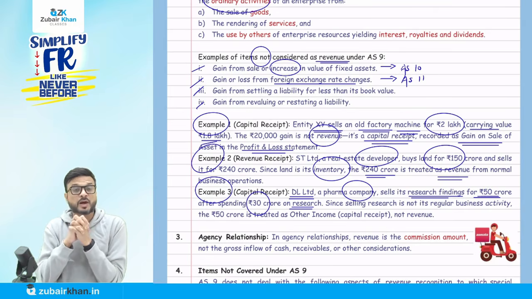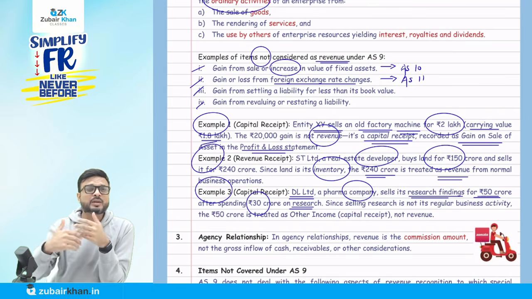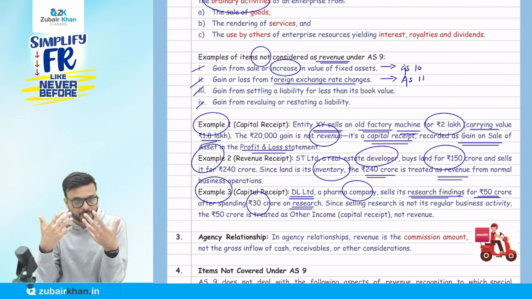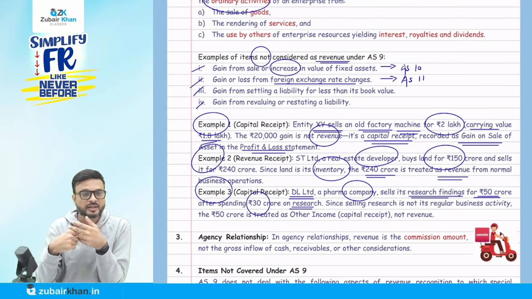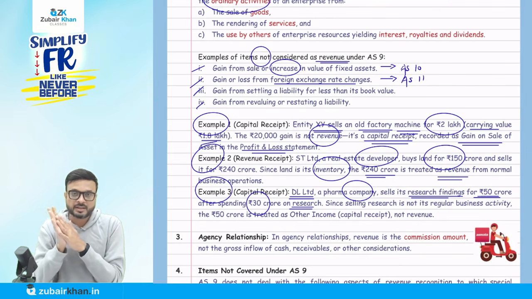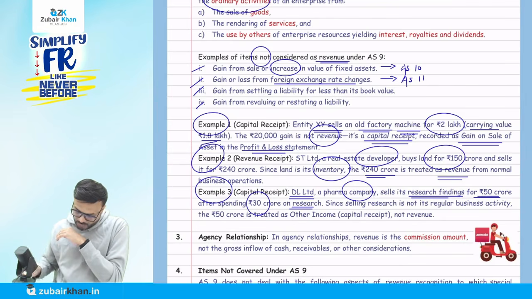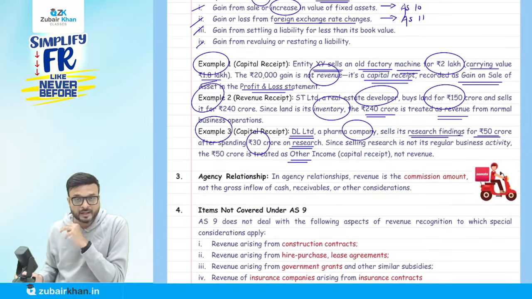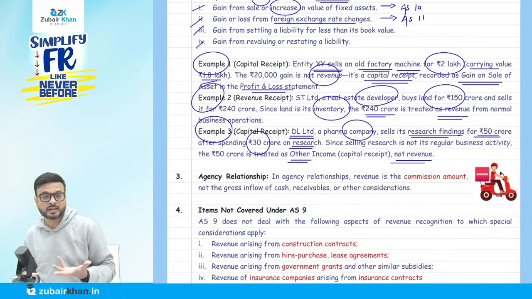You will say, no sir, that's a pharma company. But even though it is a pharma company, is selling research findings their normal, regular nature of business? No. So this is not a revenue receipt. It will be treated as a capital receipt. The rupees 50 crore should not be treated as revenue. They will call it other income.